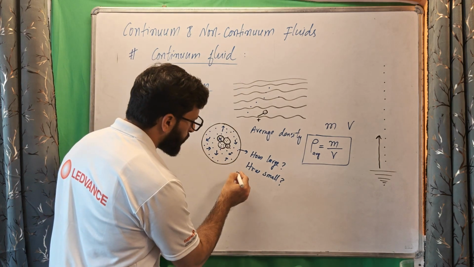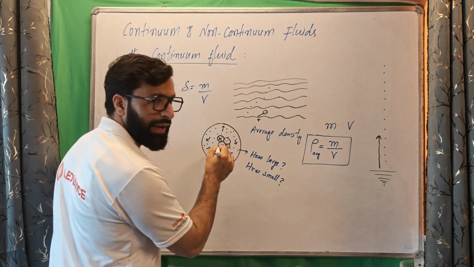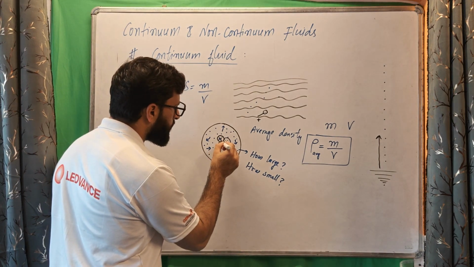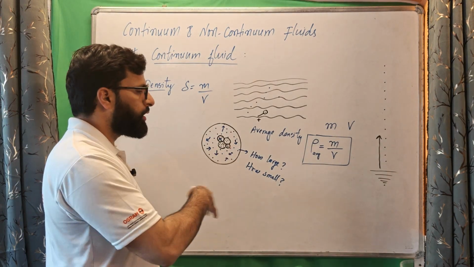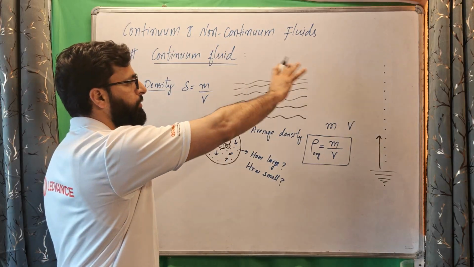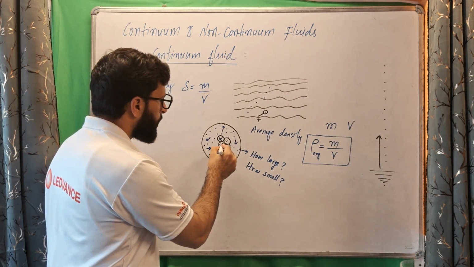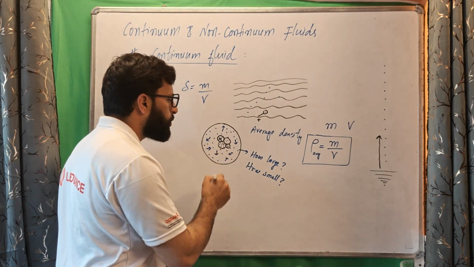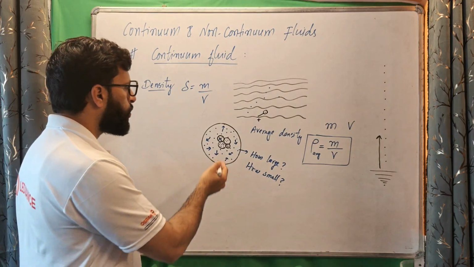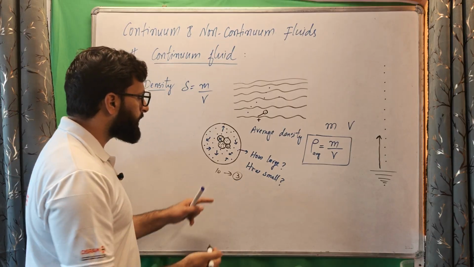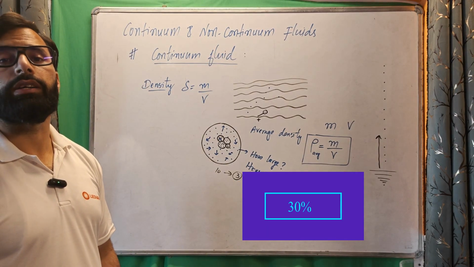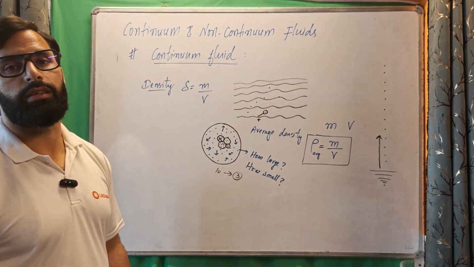Why? Because if we choose a volume element in which there are, say, 10 molecules, then due to random motion of these molecules inside this fluid, some molecules come out, some molecules go in. Maybe at an instant, out of 10, 3 come out. That is a 30% reduction of the mass, 30% reduction of the density.